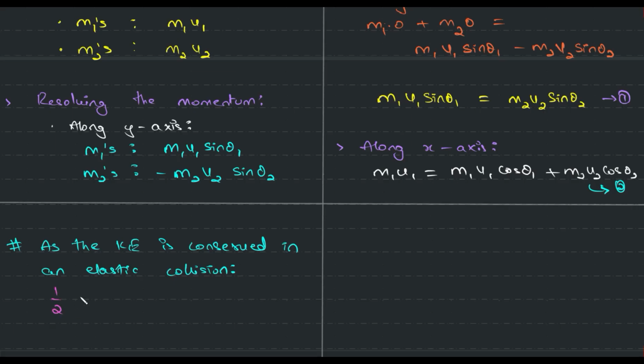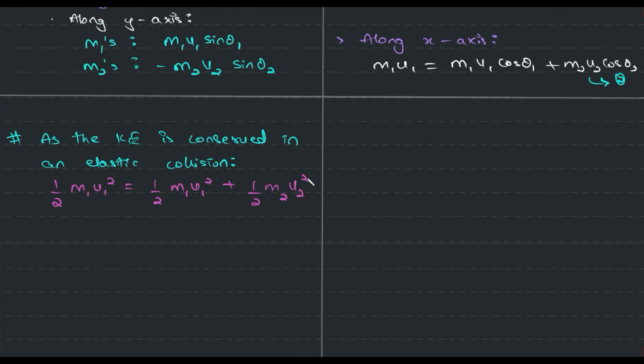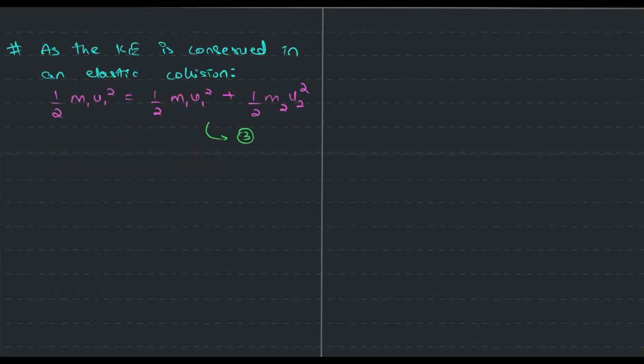So we have half m1 u1 square is equal to half m1 v1 square plus half m2 v2 square. Right, these are all energy. So I'll call this 3.